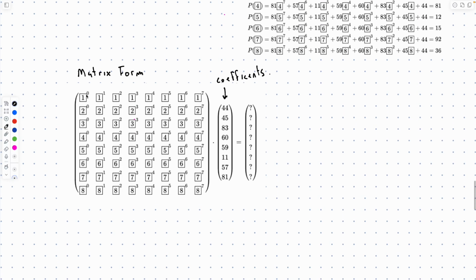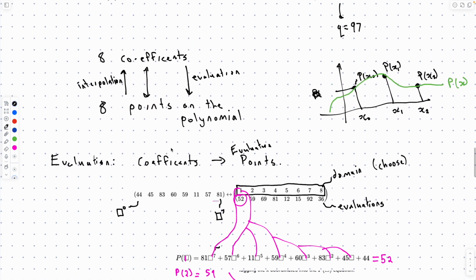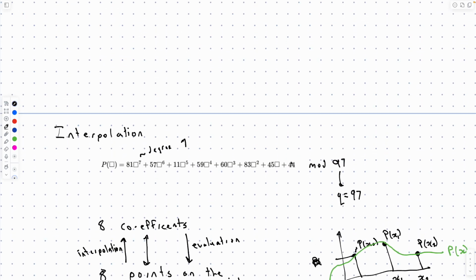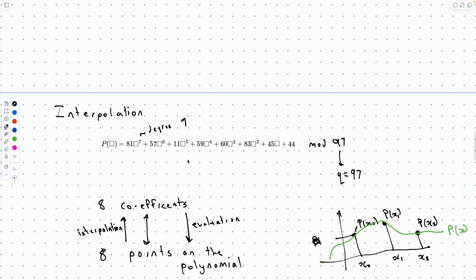These are the points, so I'm evaluating on 1, 2, 3, 4, 5, 6, 7, 8, and then what I have here is every power of those. So the box to the 0, the box to the 1, the box to the 2, the box to the 3, the box to the 4, the box to the 5.